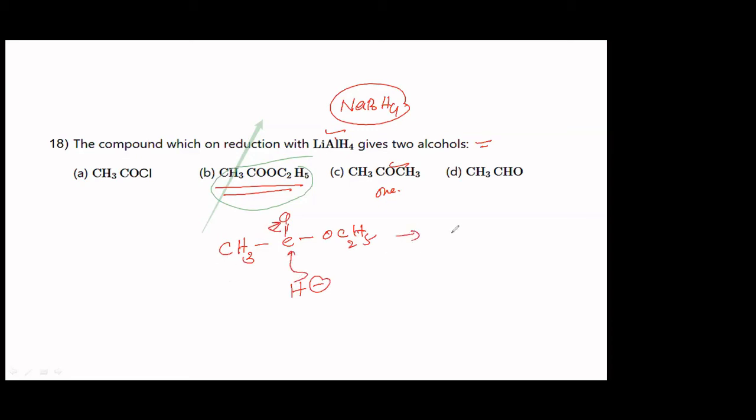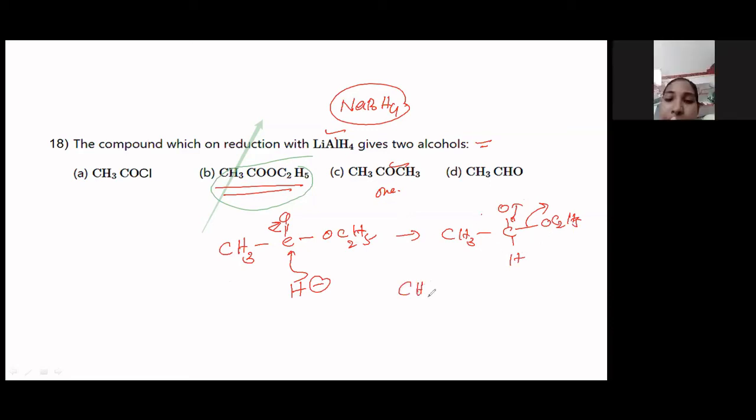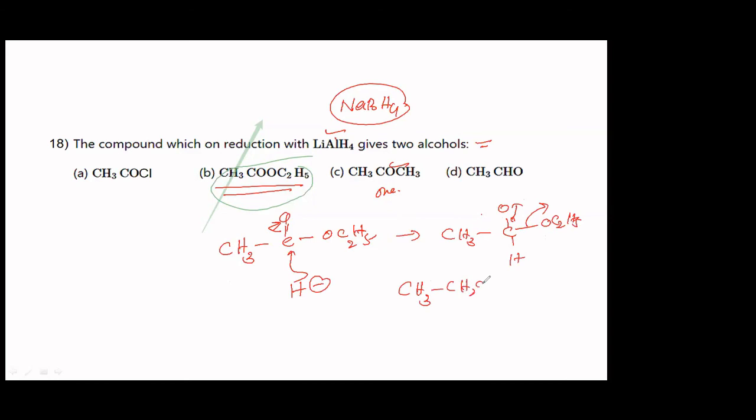When it goes out, initially it becomes O minus, with H and OC2H5. Now this oxygen would want to form the bond back, so this will come out. It takes 1 H plus from the medium, and you are going to get CH3CH2OH, and the other is also CH3CH2OH. Both will be the same alcohol, but it gives 2 moles of the same alcohol.